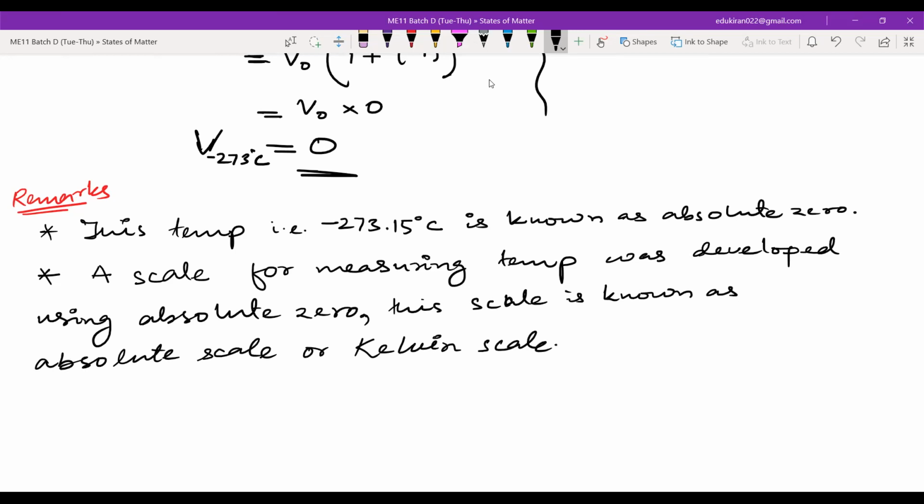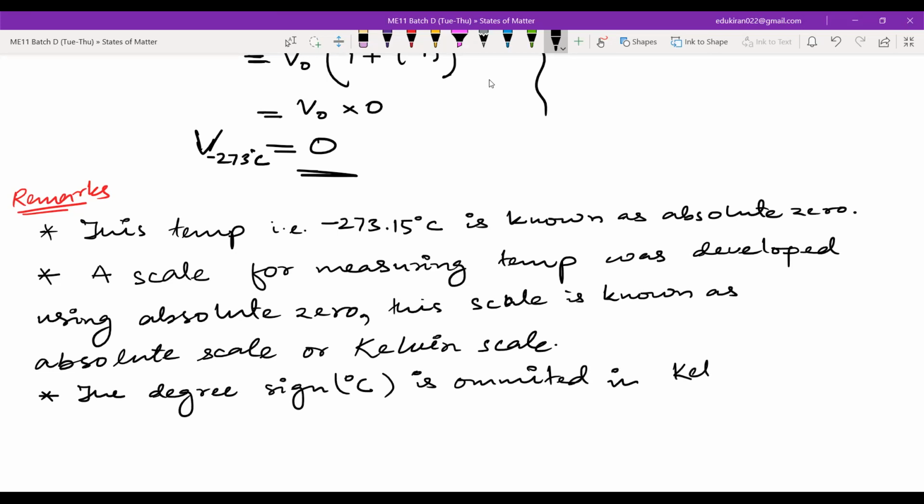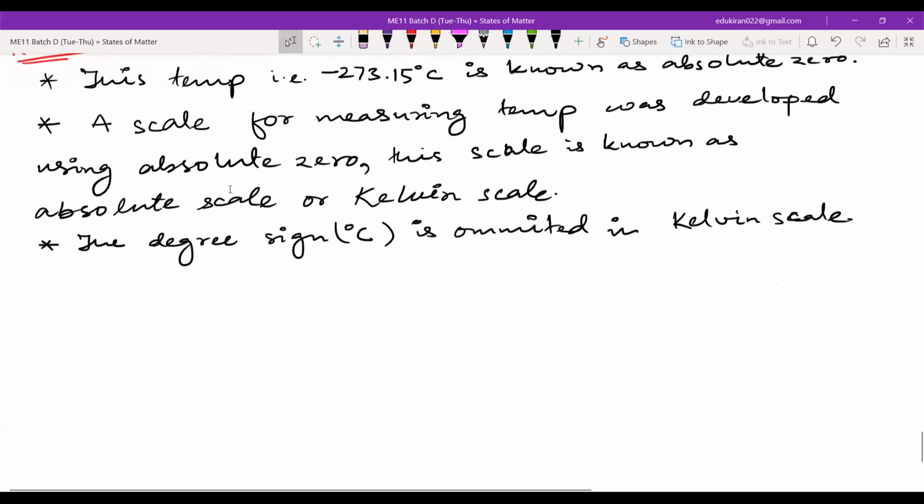One point regarding the Kelvin scale is that the degree sign is omitted in Kelvin scale. Now, what is the relationship between Kelvin and degrees Celsius?